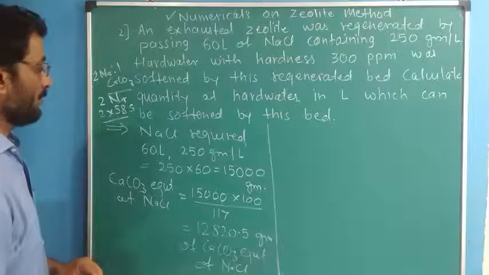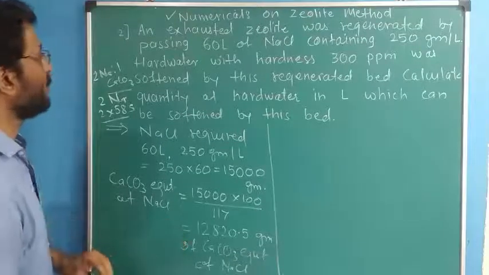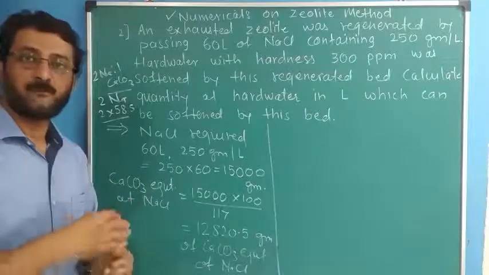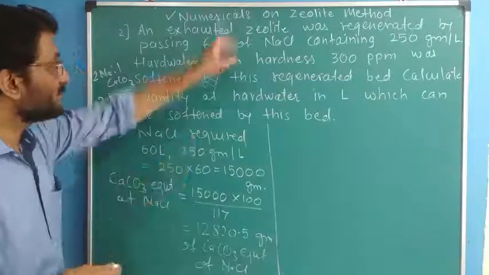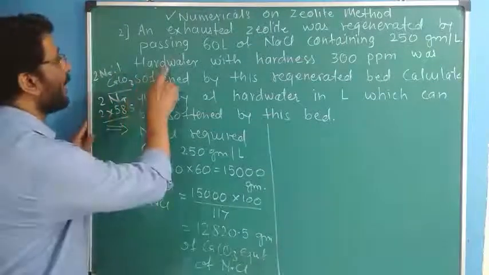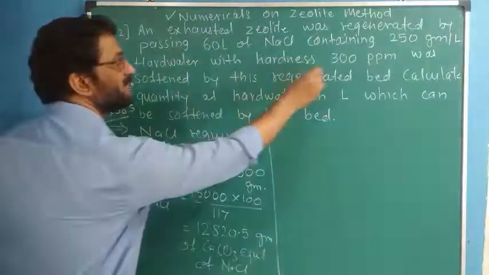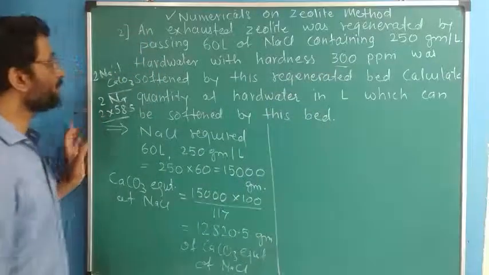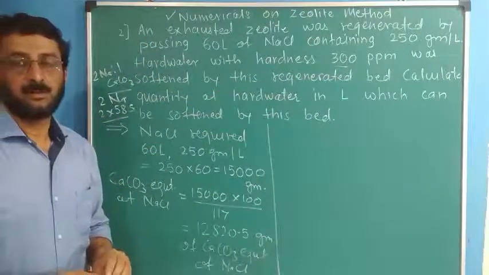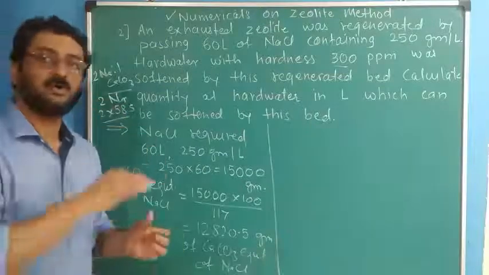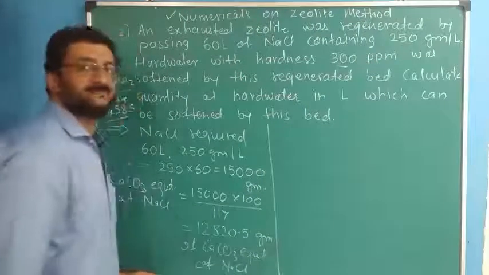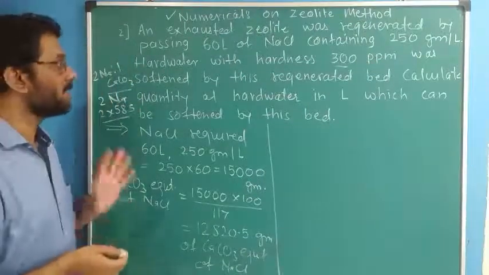Now this much NaCl is required for what? For reactivation, for regeneration of the exhausted bed of zeolite. One part is clear. Now the next line: hard water with hardness 300 ppm was softened by this bed. We have passed hard water whose hardness was 300 ppm, that is 300 milligram per liter.